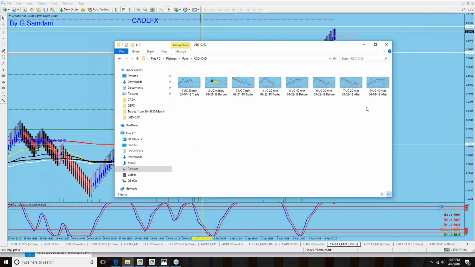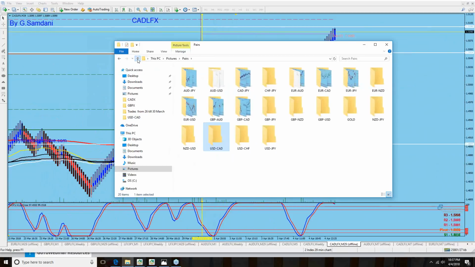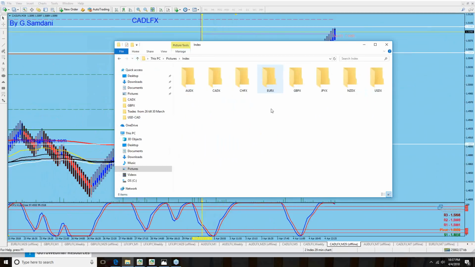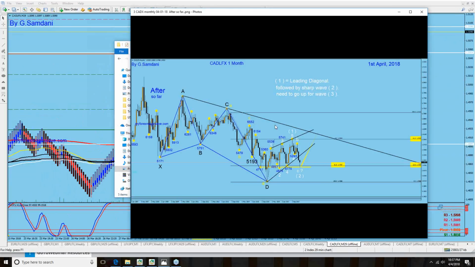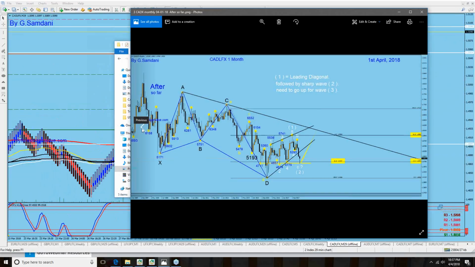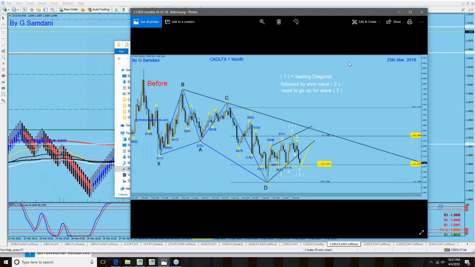It was the CAD index chart, right? Okay, so this is the chart that I made and gave to you on the 25th of March, that we're going to be going to the upside.